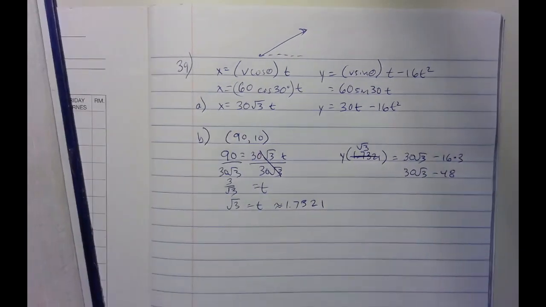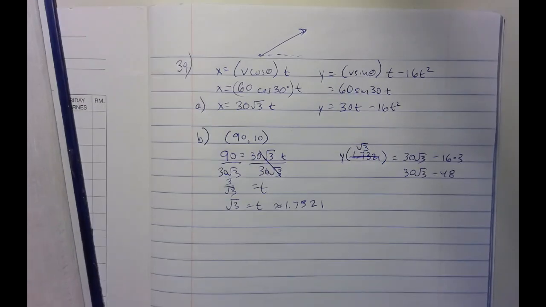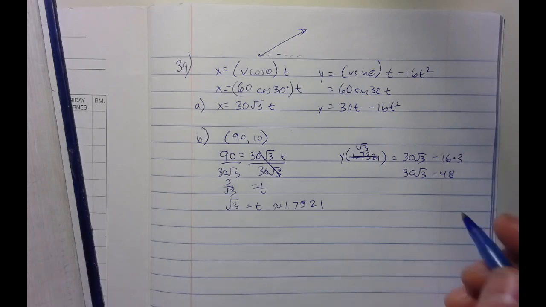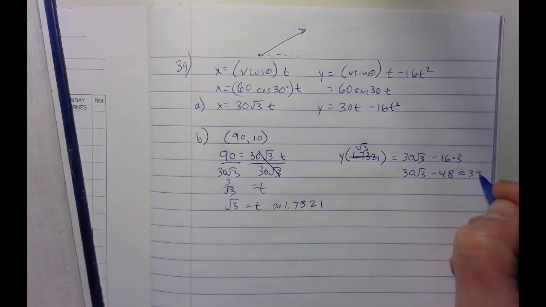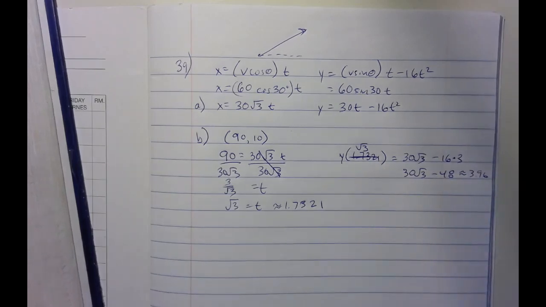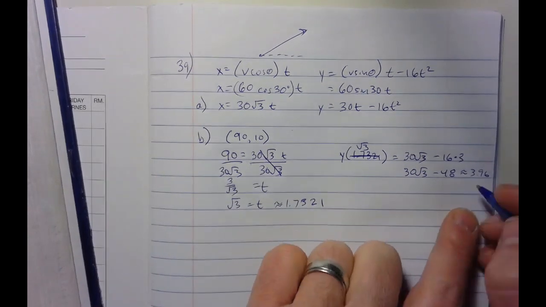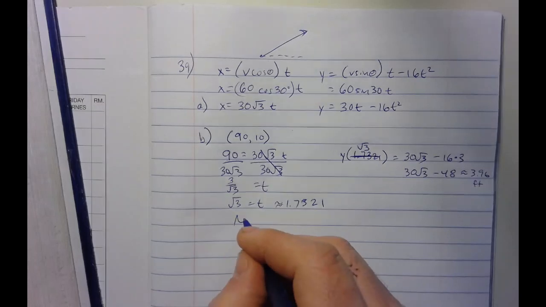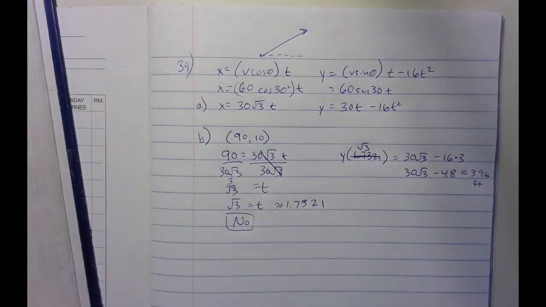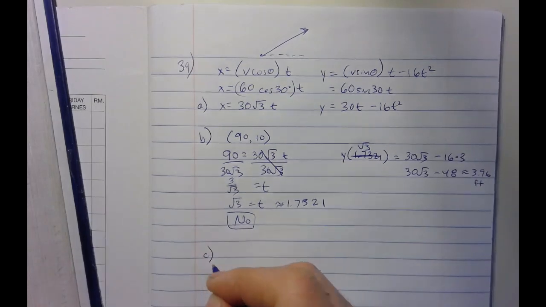Putting that into my calculator, I get approximately 3.96. So when it's 90 feet away, 30 yards away, it's only going to have a height of 3.96 feet. Will it pass over the crossbar? No, it will not.